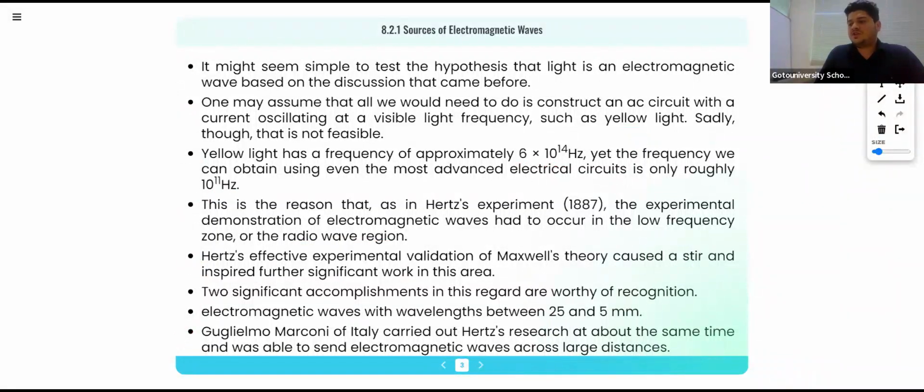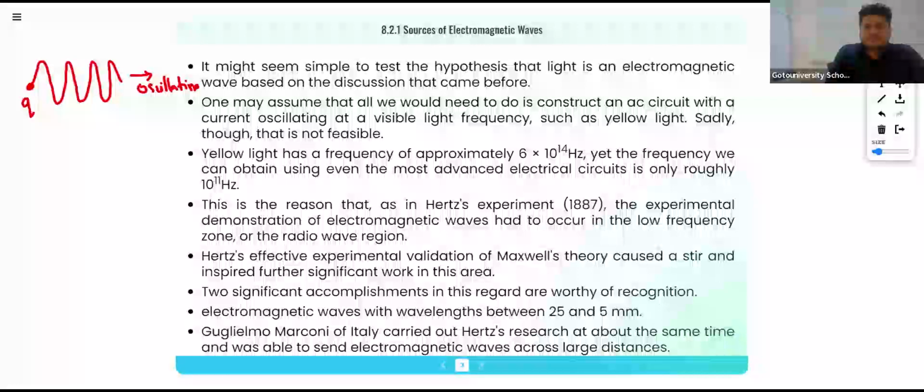In short, what are the sources of electromagnetic waves? Charges. If charges are oscillating, they will produce an oscillating electric field, and the rate of change of flux will induce an EMF.